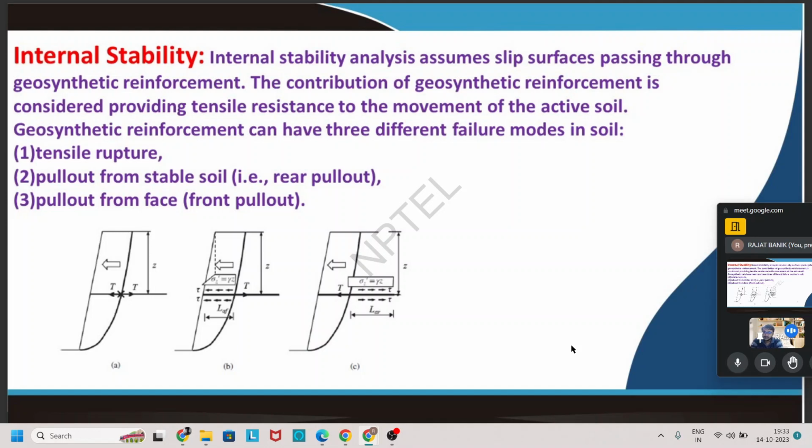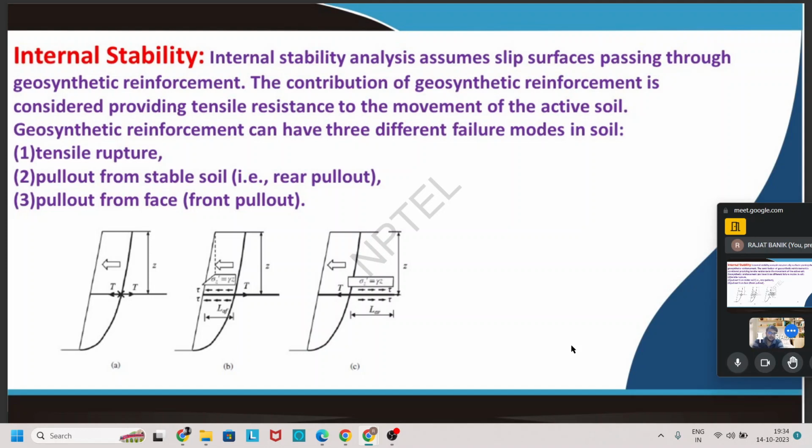The first figure is given for the tensile rupture failure. That is, when we use the geosynthetic material as a reinforcement, it may fail due to tensile force. Then the second figure is given for the pullout from the stable soil.